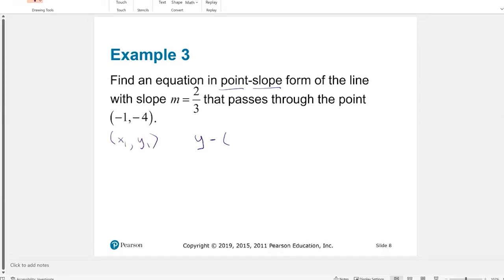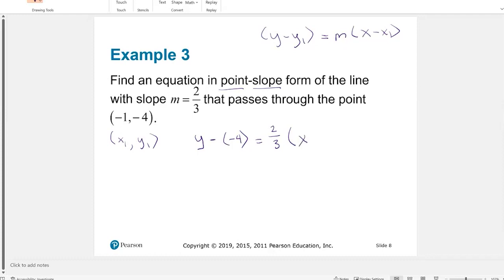So we have y minus -4 equals m. So y minus y1 equals m times x minus x1. So I have m, which is 2/3, times x.